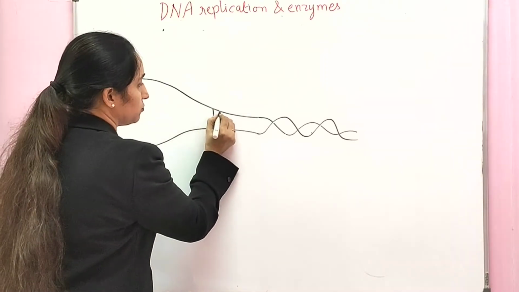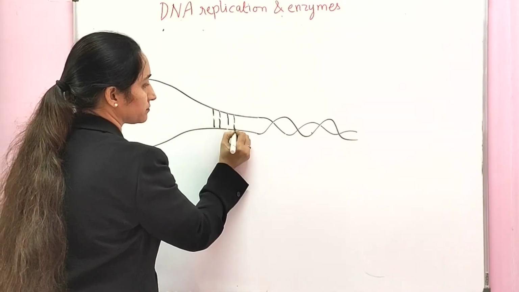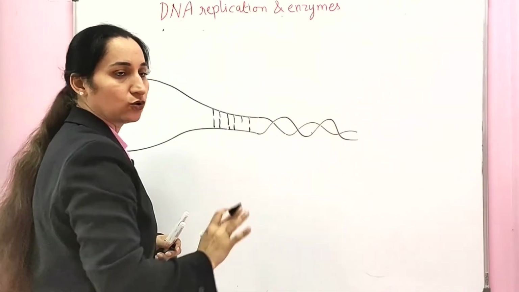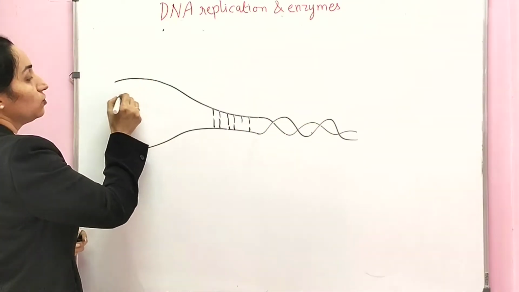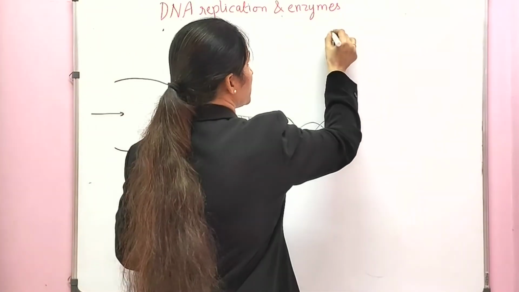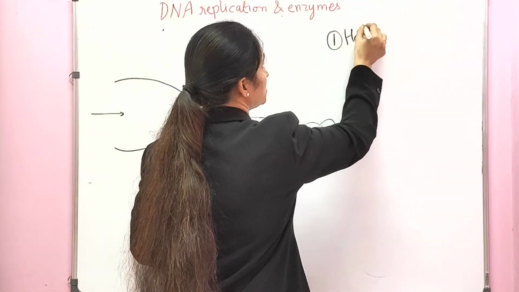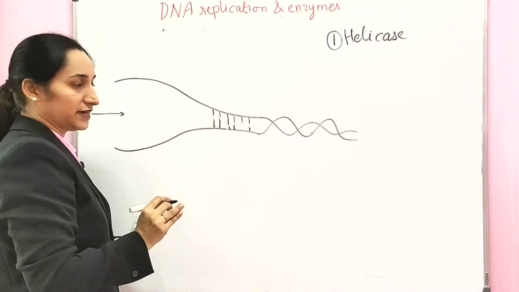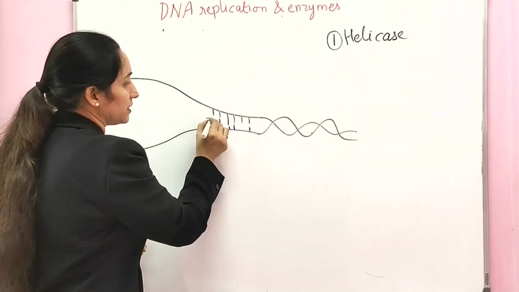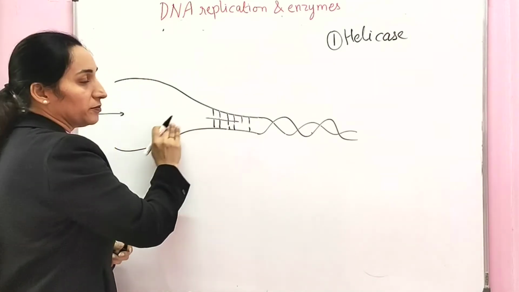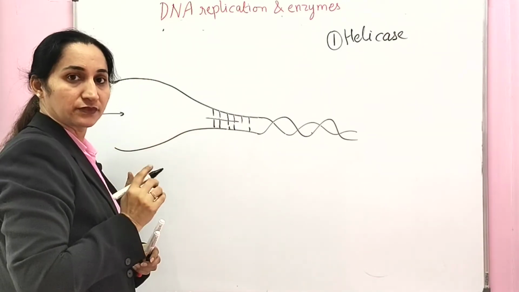Here hydrogen bonds are there, here it's still coiled. Now, who has broken these hydrogen bonds? For this, the first enzyme that comes into action is helicase enzyme. This helicase enzyme will break down these hydrogen bonds, okay, and form a replication fork.